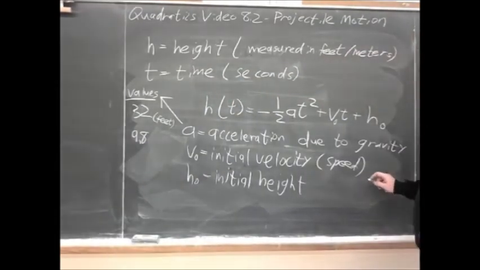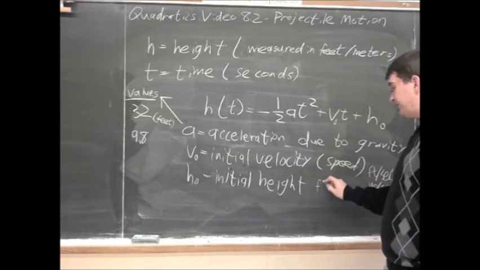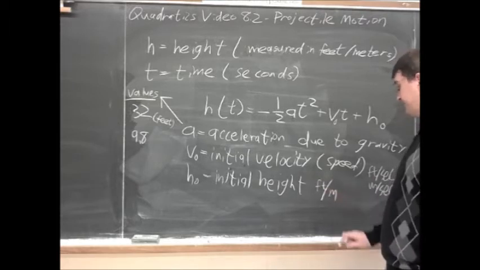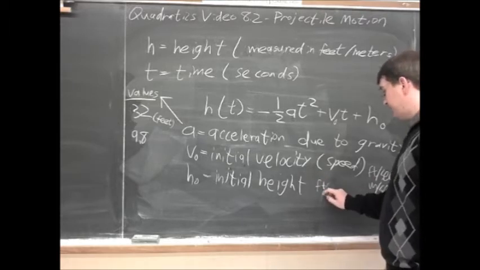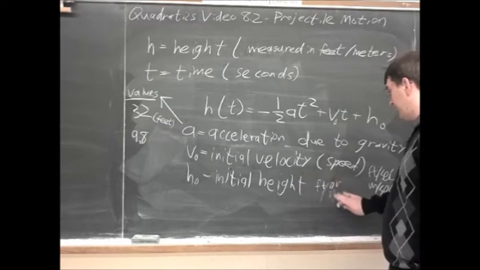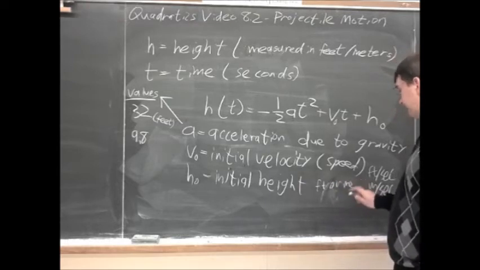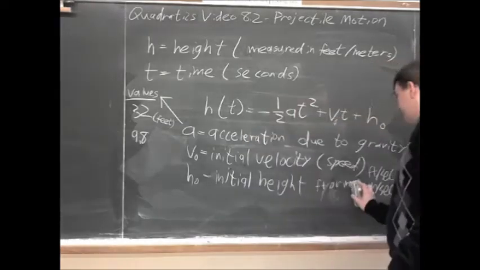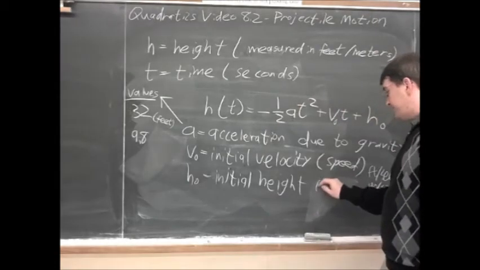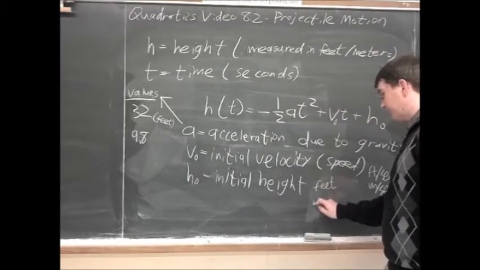Now, initial velocity can be measured in feet per second or meters per second. Height will be measured in feet or meters. Let me write that better. Feet or meters.